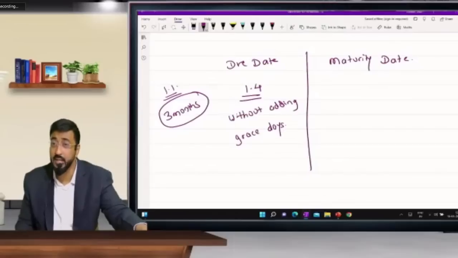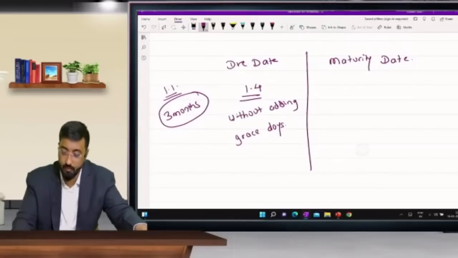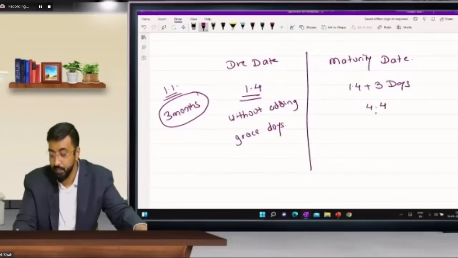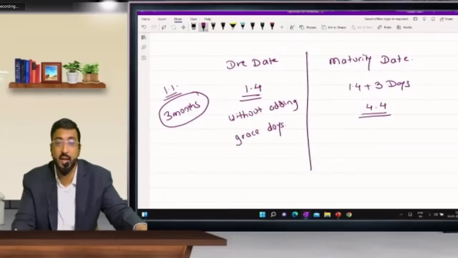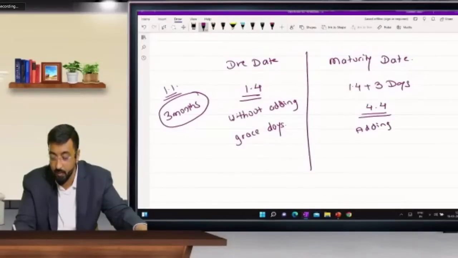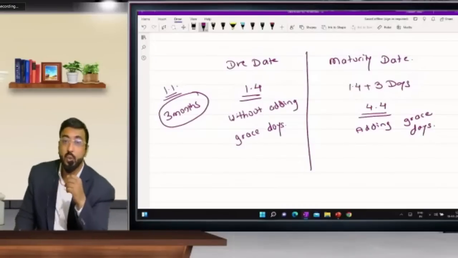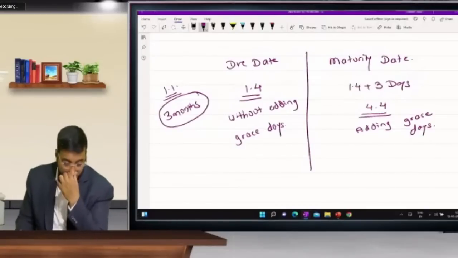But if grace days are added, 1st April plus 3 days, then 3 grace days are added, that is called as maturity date. So by adding grace days, it is called as maturity date.